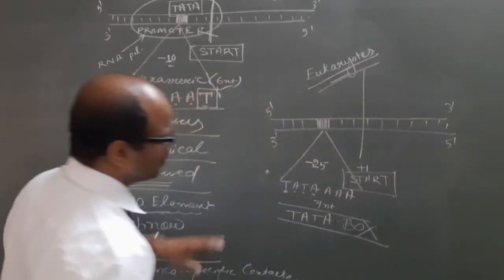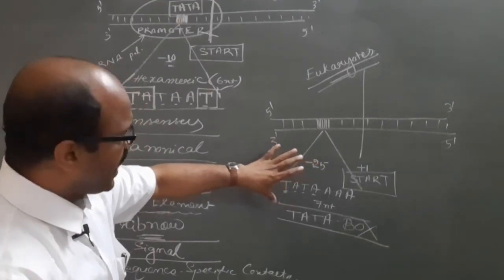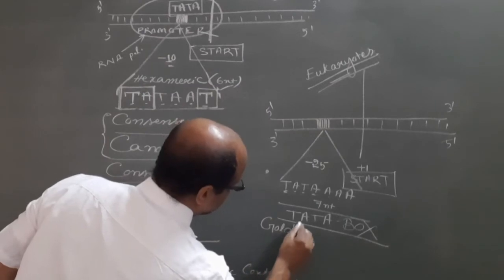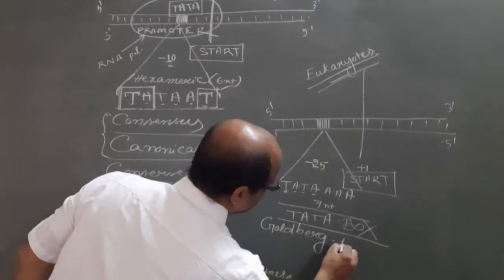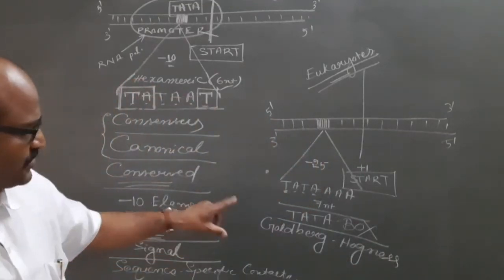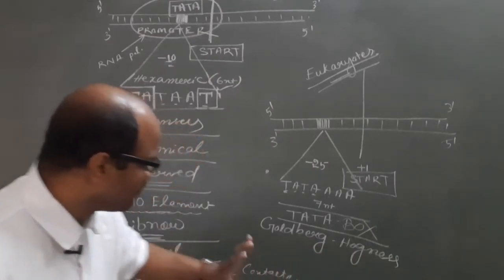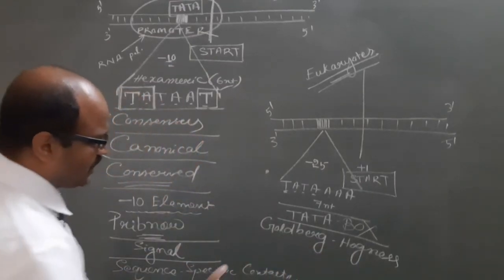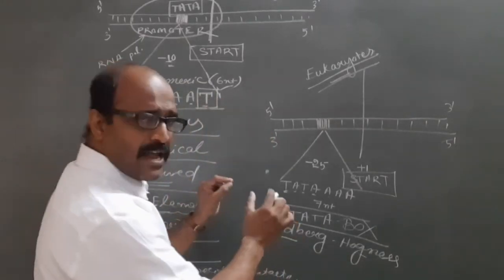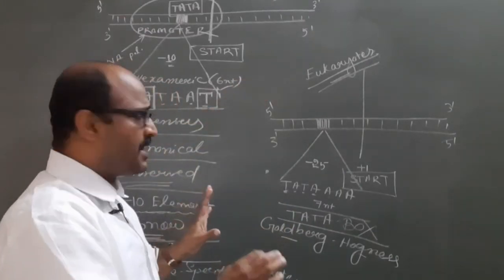known as the Goldberg and Hogness sequence or box. Why? Because Goldberg and Hogness discovered this TATA box in eukaryotic cells in the year 1978.